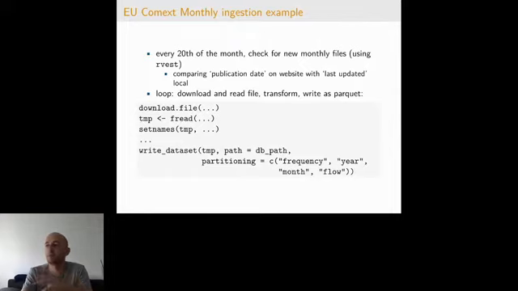So we now built a pipeline that runs on every 20th of the month, checks the website if there are new monthly files available, and if there are new files that we don't have locally, we just loop, download and read the files, transform, and write them out as Parquet files. So you see a very stylized version of the script here. It's not much longer than that, and makes the whole process very easy.